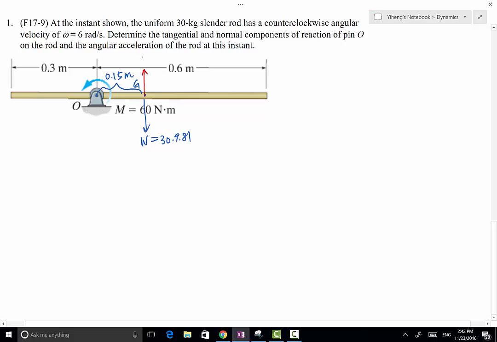So this is our m a_G t, and then the normal direction always points towards the center of rotation. So this one is my m a_G n, and of course I will have the counterclockwise rotation, so I_G alpha.